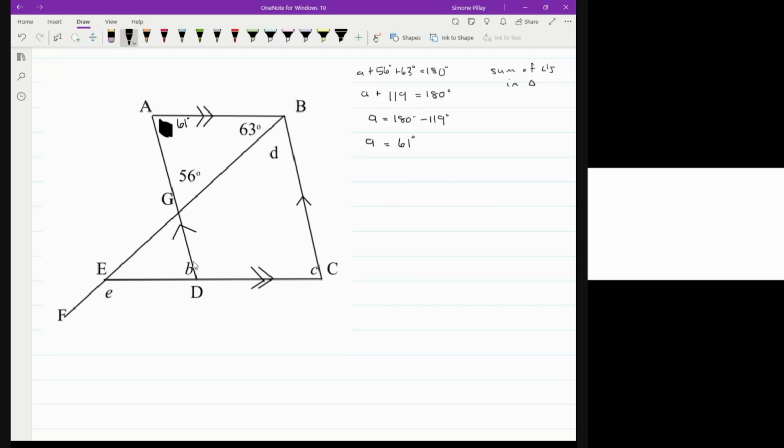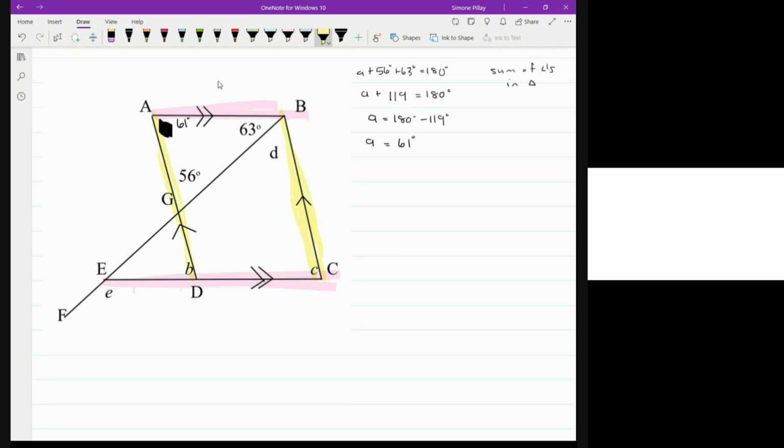Now we're looking at B. Anybody know how we're going to do B? I'm seeing two sets of parallel lines. So these are parallel, and that whole one is parallel. I'm seeing another set of parallel lines, which are these. Sorry, I'm not the greatest at drawing straight lines downwards.